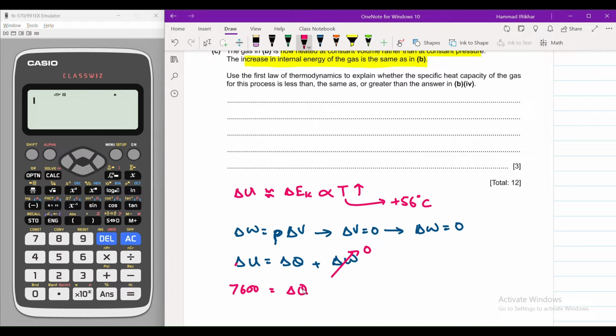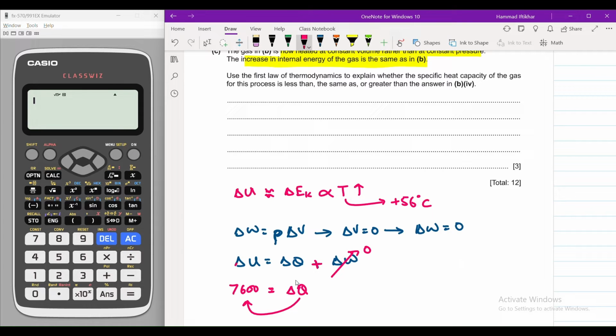Now, the heat input is directly affecting the internal energy. So there is no loss of energy by work done by the gas.